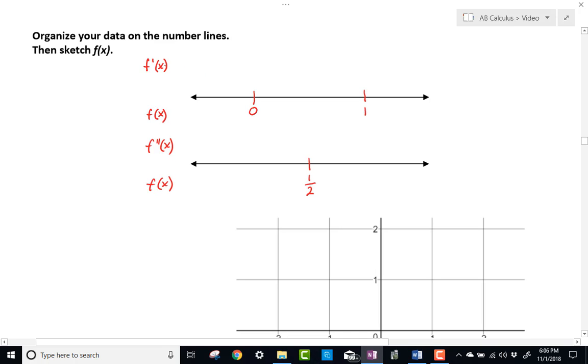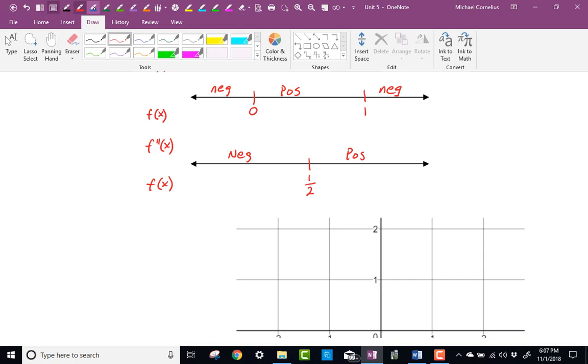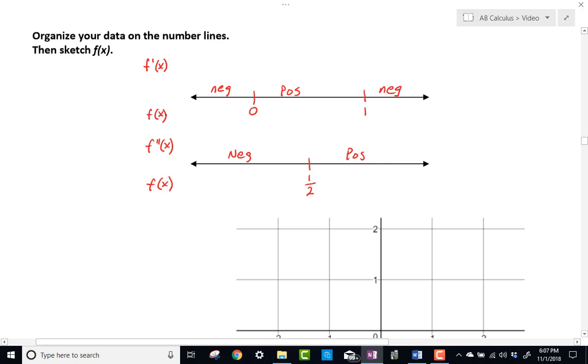On your first number line, we said that f prime was negative over here, positive between 0 and 1, and negative from 1 to infinity. On our graph of f double prime, we said that f double prime was negative from negative infinity to 1/2, and positive from 1/2 to infinity. What we're trying to do is get all the information about f of x.